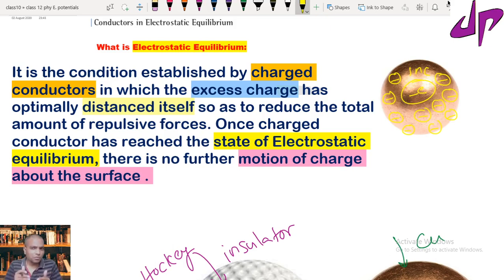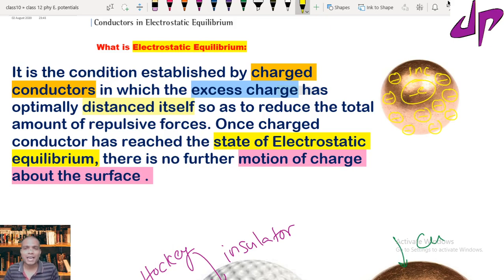Now the conductor is in a particular state, and that state we define as electrostatic equilibrium. Once the conductor reaches this state, there is no further motion of charge on the surface.